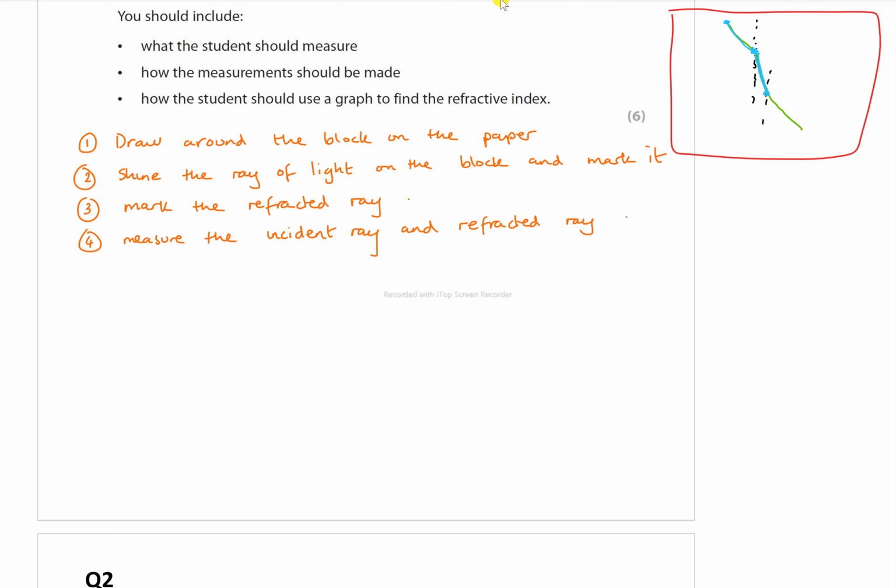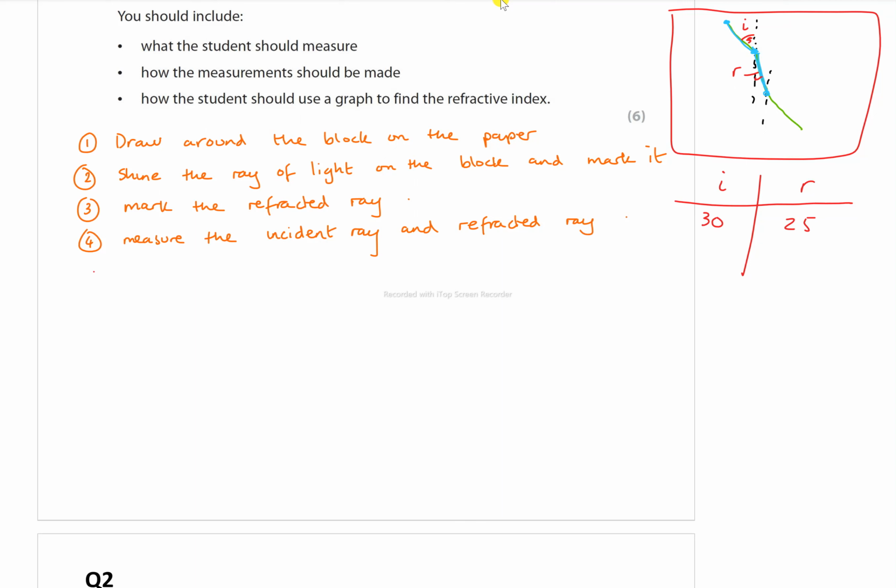Then I will go ahead and measure this angle, and I will measure this angle, I and R, angle of incidence and angle of refraction. I'll put it into a table. So I and R, just say for example that's 30 degrees and I don't know, that's 25 degrees.